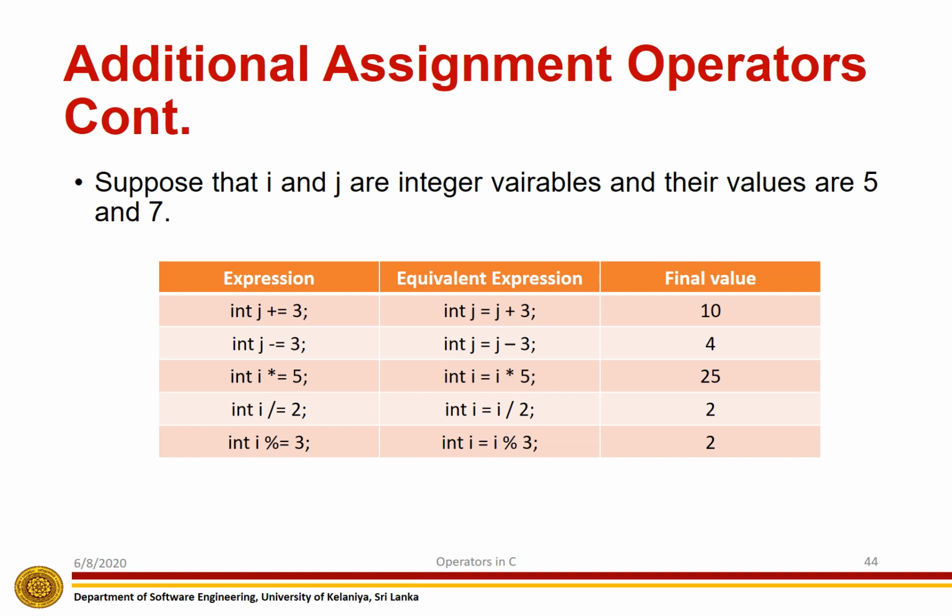Then the last one is i %= 3, it means i = i % 3, i is 5, 5 modulo 3, then the remainder is 2, it is also an integer value. Like that we can use additional assignment operators in C coding. Now I think you have a clearer idea about the assignment operators.